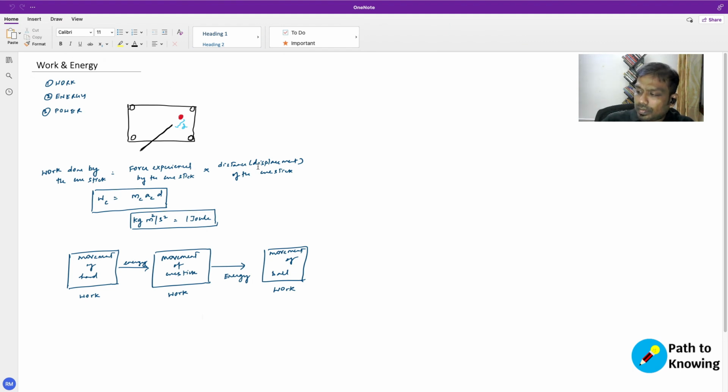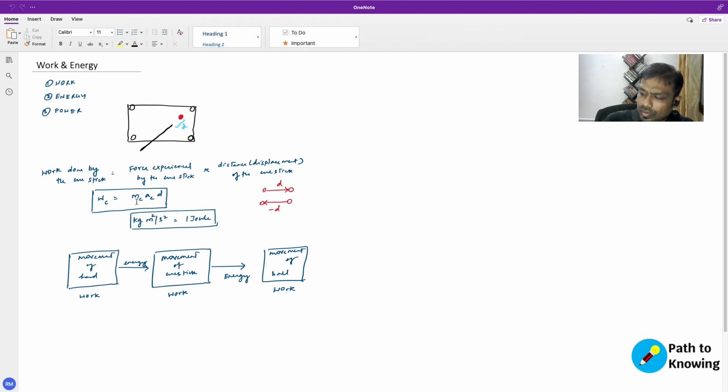If you consider an object moving from this point to this point as D, then you'd have to consider the movement from this point to this point as minus D, right? Same is the case with force as well.